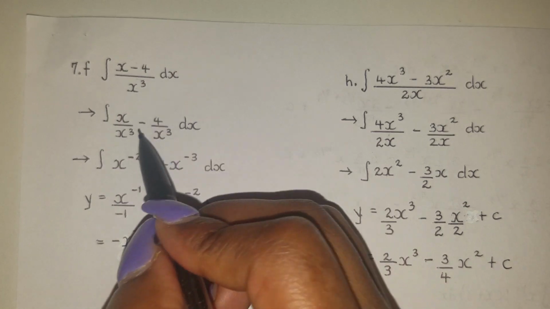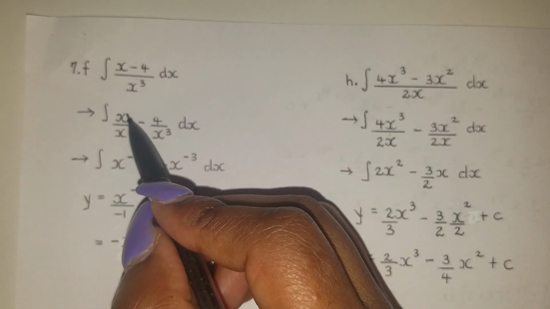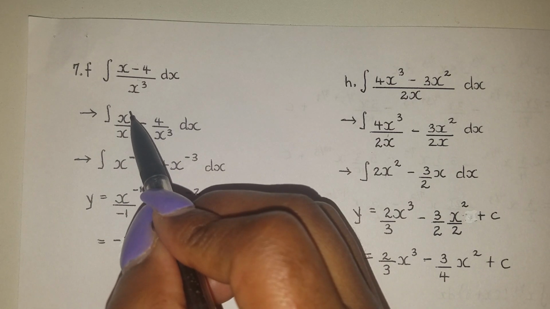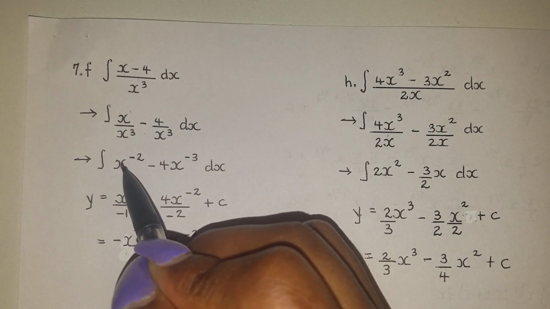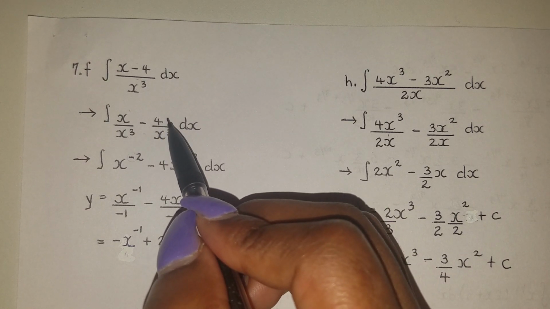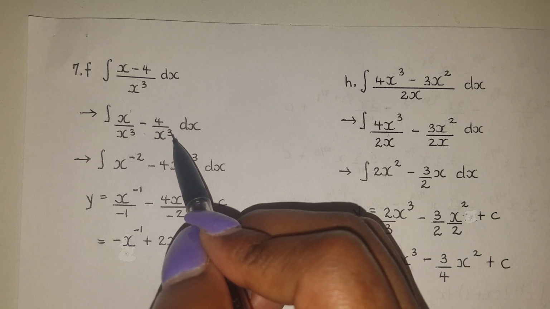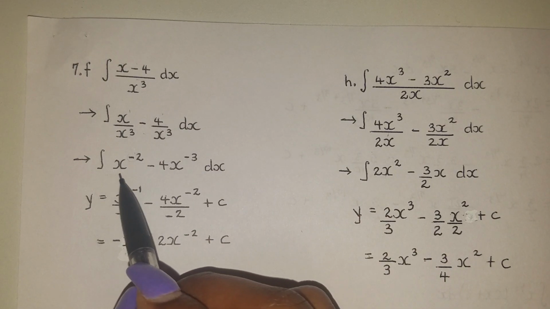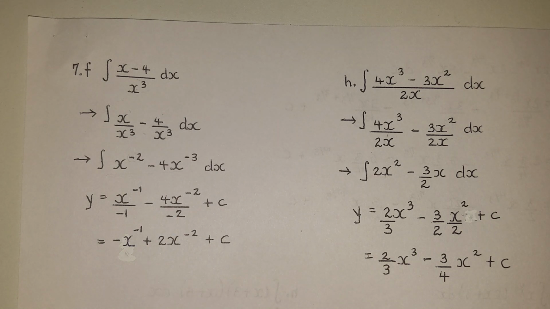Now we can simplify. When we are dividing functions, we subtract the powers. So now this is 1 minus 3, making it x raised to negative 2. And this, no power to subtract, so we simply bring this x cubed up as x to the negative 3. So this is now the function we're going to integrate.